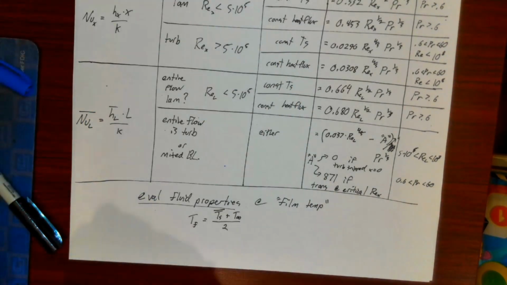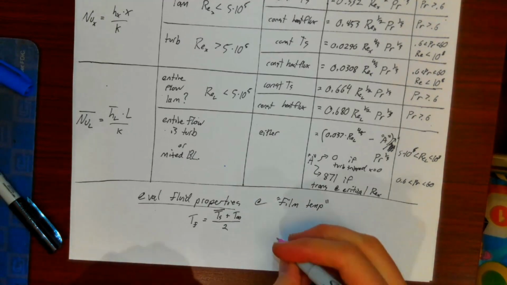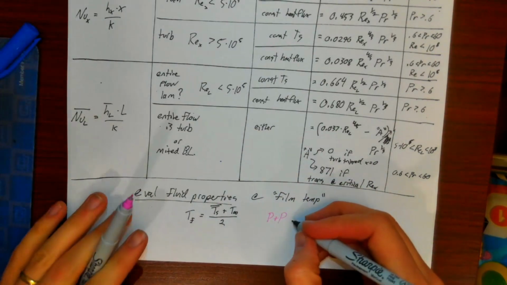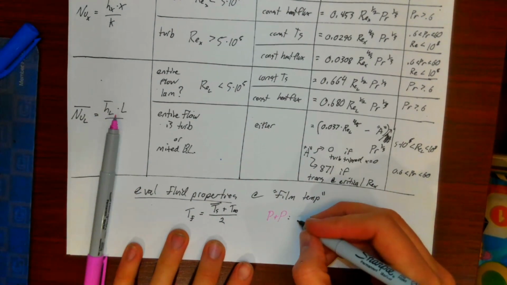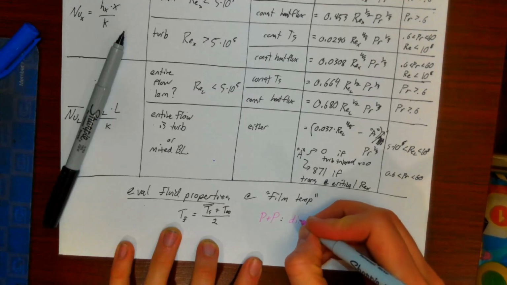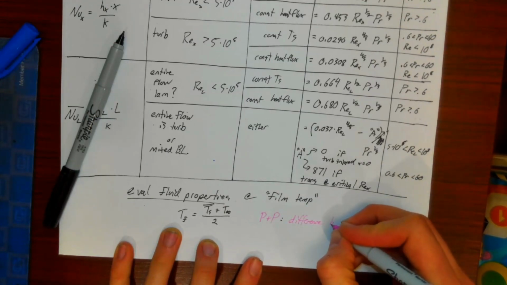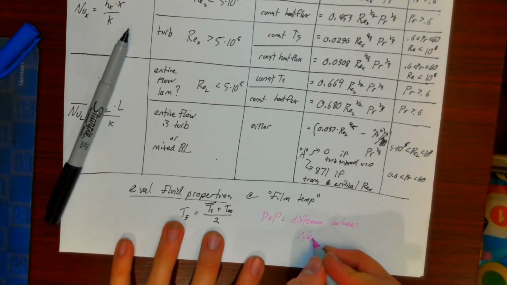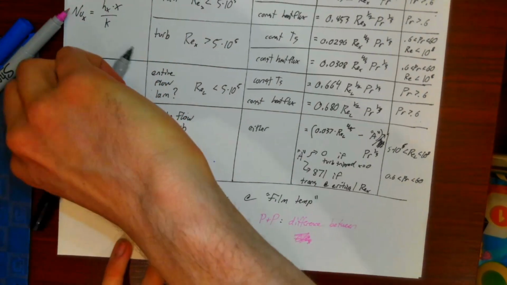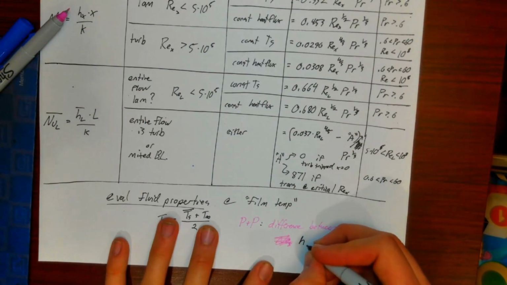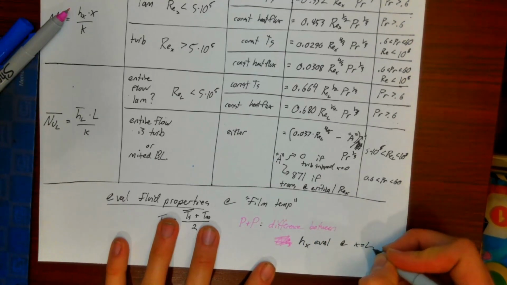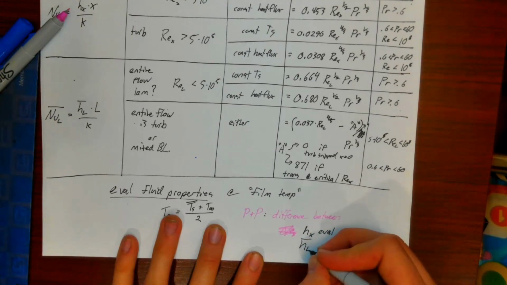So take a moment now, pause and ponder. What is the difference between, I guess not between Nusselt numbers, let's say, what is the difference between h sub x evaluated at x equals L and h bar sub L?